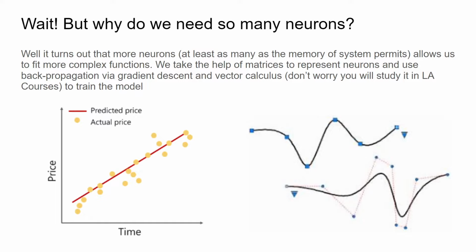Just like we saw in the example of house price prediction, where we were fitting a linear line on the data. The data shows the actual price, and the line that we have fitted is the predicted price. But as you can see, there might be a relation which is a little bit curved, not exactly linear. If we have to capture that relation, we use some non-linear function. This is an example of a 2D space.